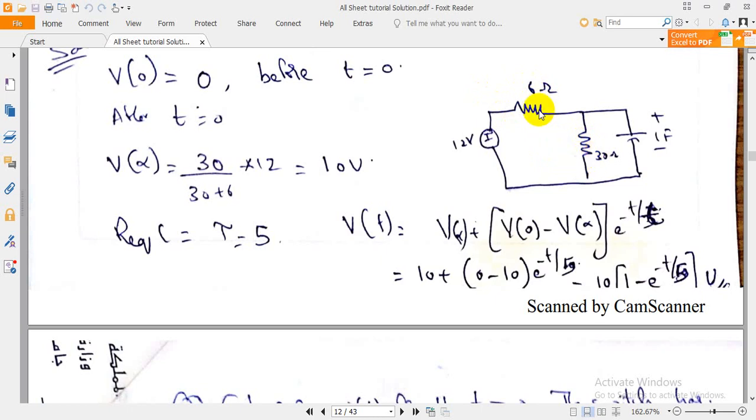It will give you 5. And 5 multiplied by 1 will give tau, the time constant. Upon substituting all the values, V of infinity is 10, plus V of 0 is 0 minus 10, e power minus t by 5, where tau equals 5. You will get the final value like this.